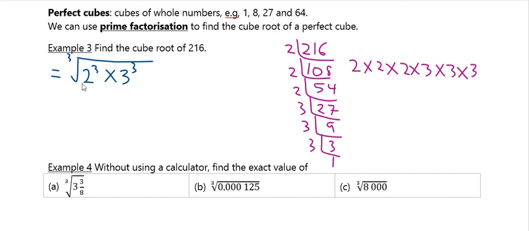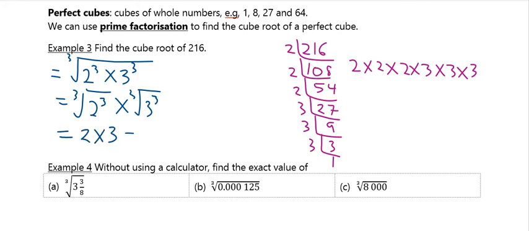And here under the cube root, the cube will be cancelled like the previous example. Okay, just to illustrate this for you, split them up. So you will get 2 times 3. So the cube root of 216 will be 6. Right? So that's for this example.